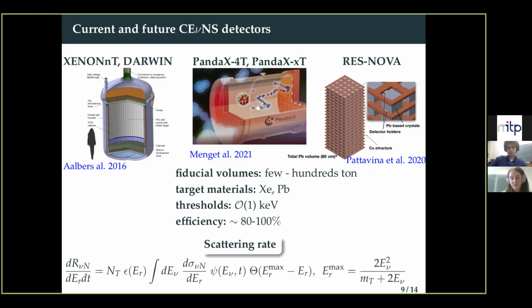These detectors already have significant volumes, but will increase their volumes in the future, and will also have longer exposures. They have heavy materials that can increase the cross section by quite a lot, and especially the xenon detectors, because they are focused on the detection of dark matter, are characterized by very low thresholds already, and also have very low backgrounds. Here we can basically see how to calculate the event rates in these detectors for different neutrino fluxes.